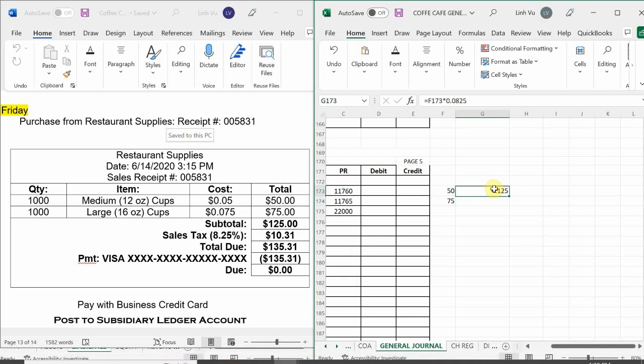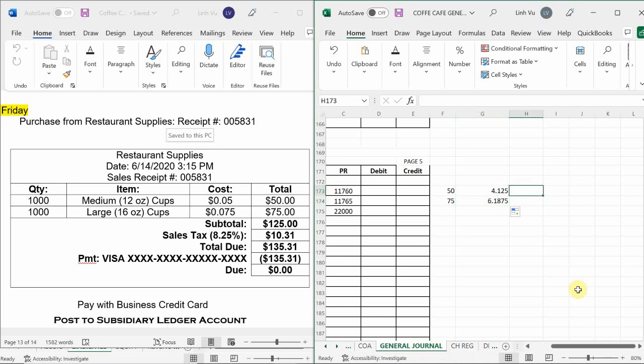The medium is 4.13. So let's see, $50 plus $4.13, and then we have $75 plus $6.19. Is that going to even it out for our grand total?